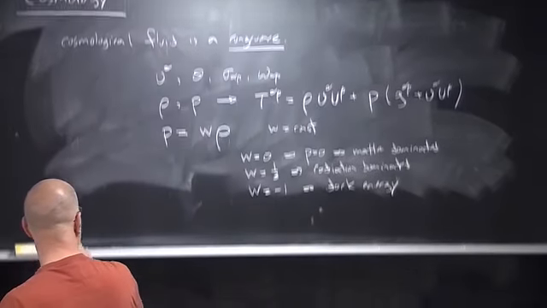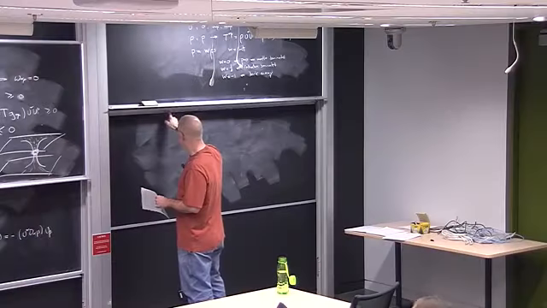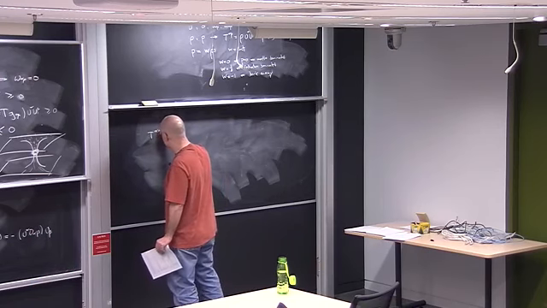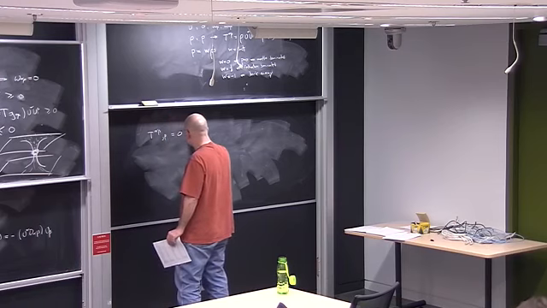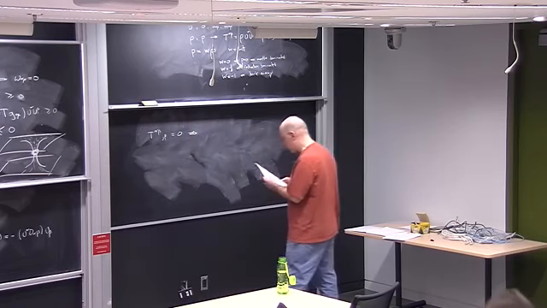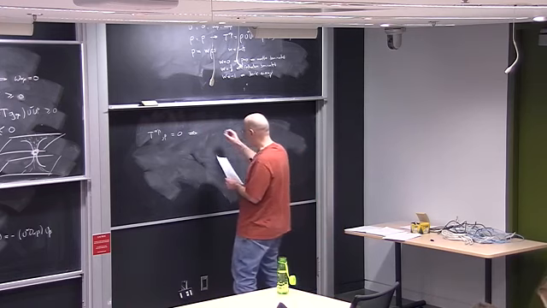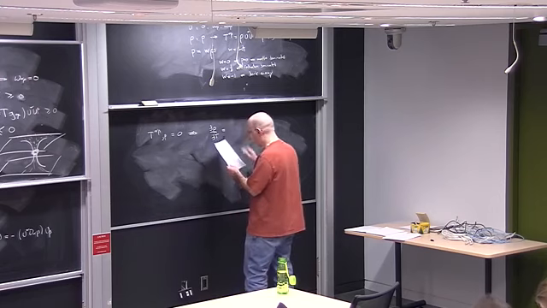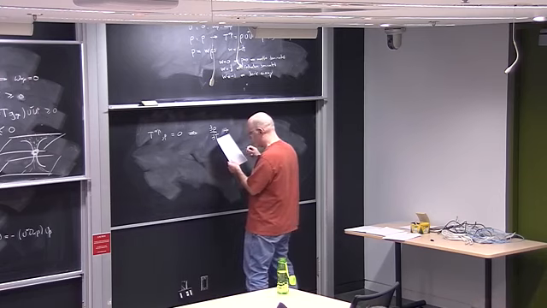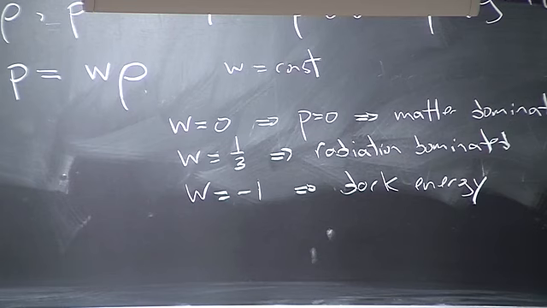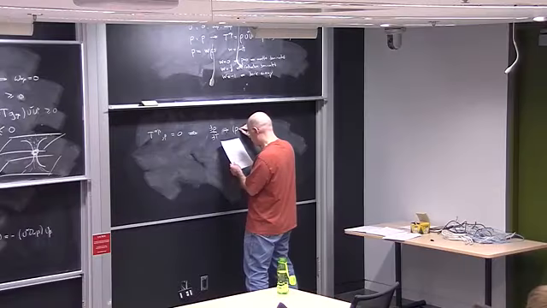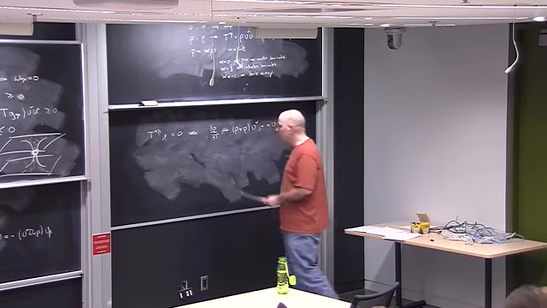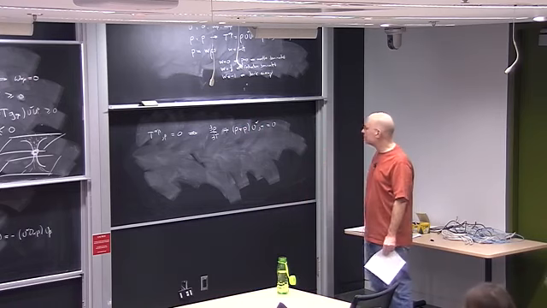When you work out the consequences of energy momentum conservation, it turns out that there are a couple of consequences that come out of this. The first one is an equation that tells you how the mass density will change with time as you follow the congruence. And that's the equation you get. I'm not going to go through those details.